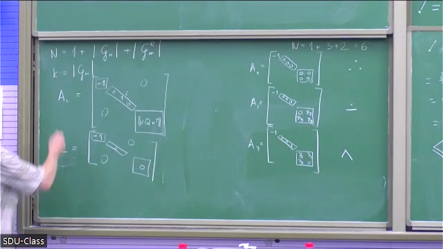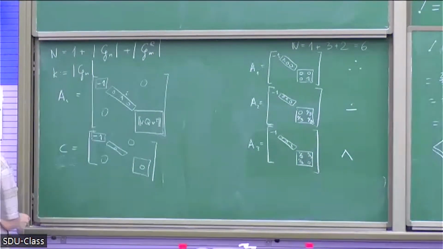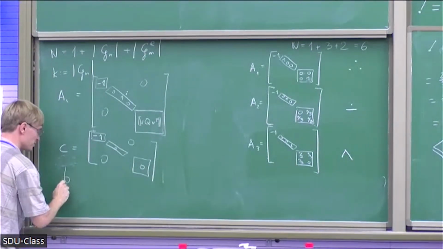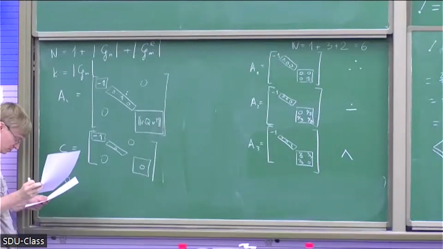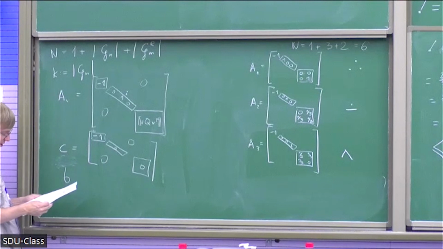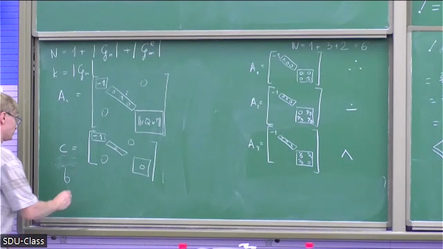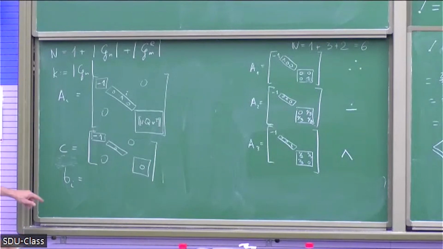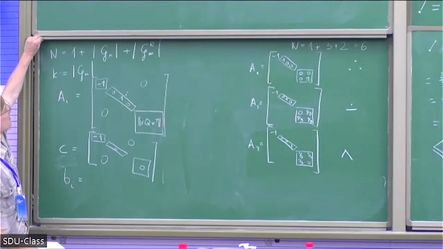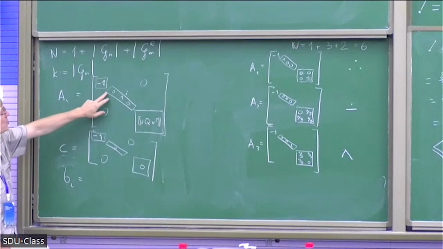Okay, and what I need left is those vectors Pi. For Pi, this i goes from 1 to k.